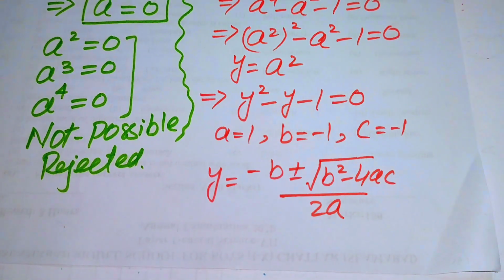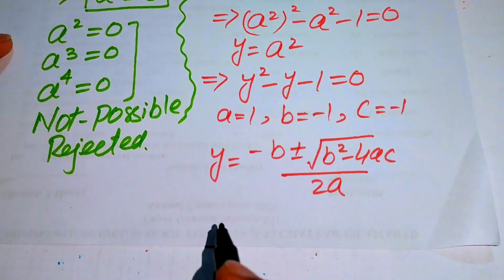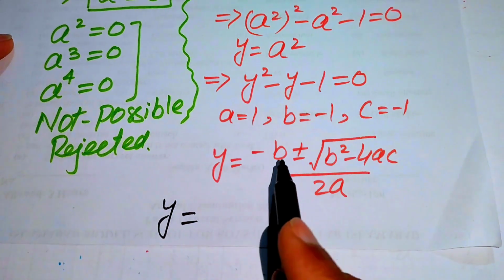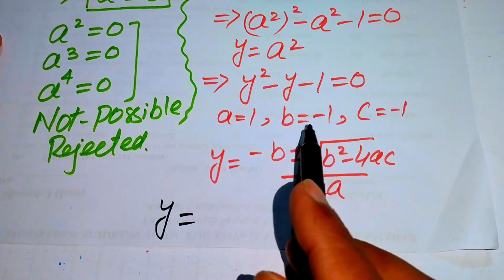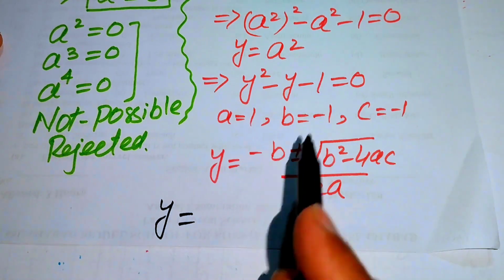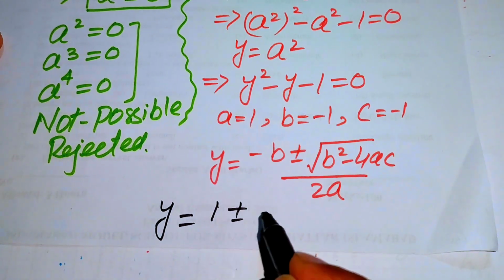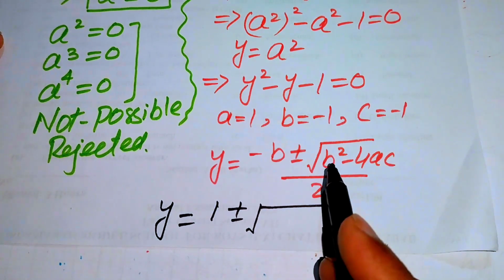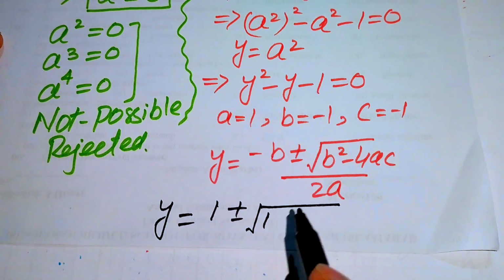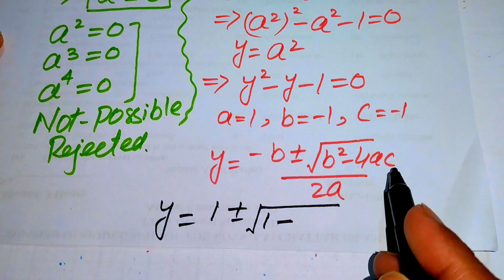So here we put the values of a, b and c in this quadratic formula, and we get y equals minus b, and the value of b is minus 1, so when we put the value of b here, it becomes plus 1, plus minus square root of b square. Our b is minus 1, and minus 1 square becomes plus 1, and minus 4 times ac.